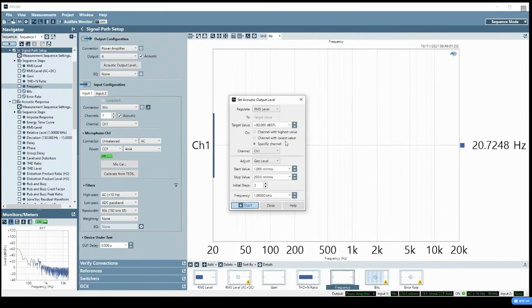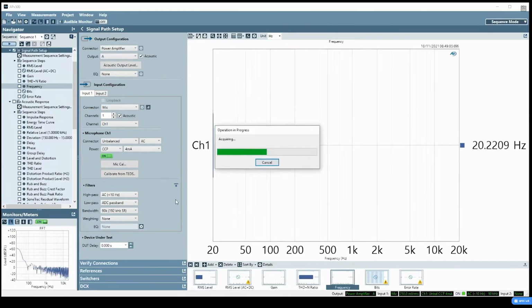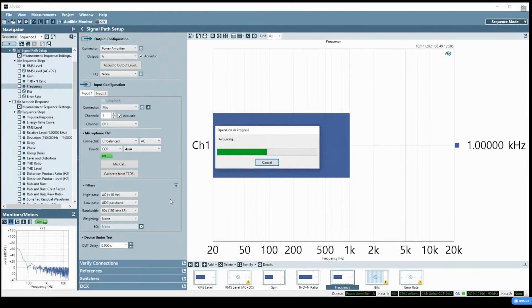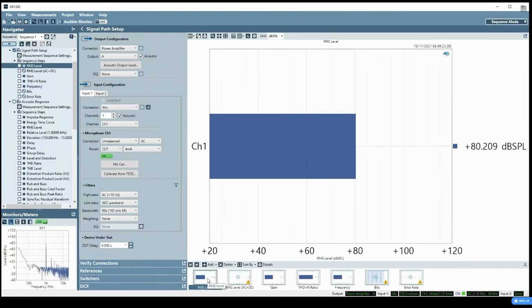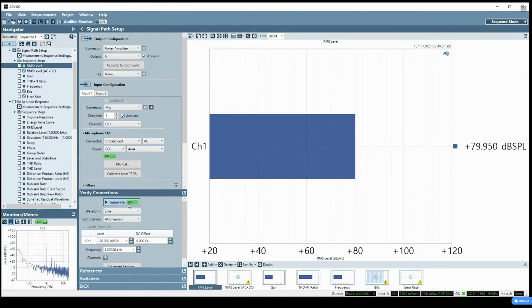Now I'm going to set the acoustic output level. There we have 80 dB SPL. And I'll turn that off.